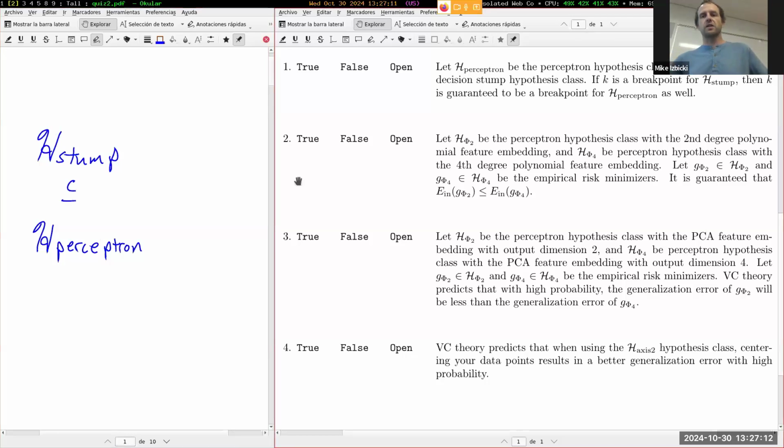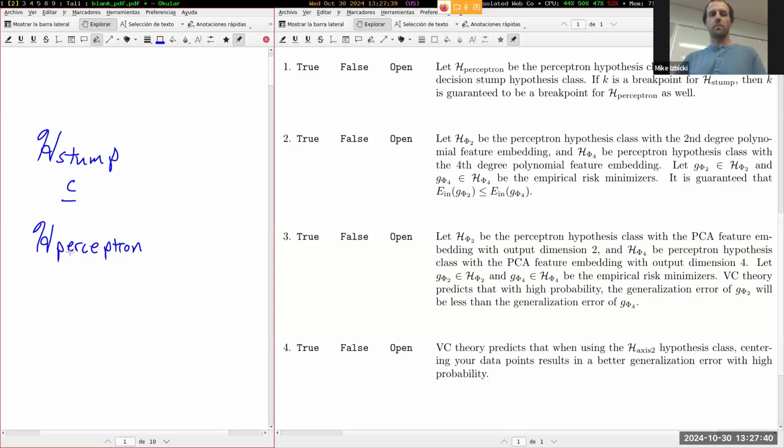And because of this relationship right here, we know that, starting with stump, if K is a breakpoint for H stump, then there's no data set of size K that can be shattered by H stump.